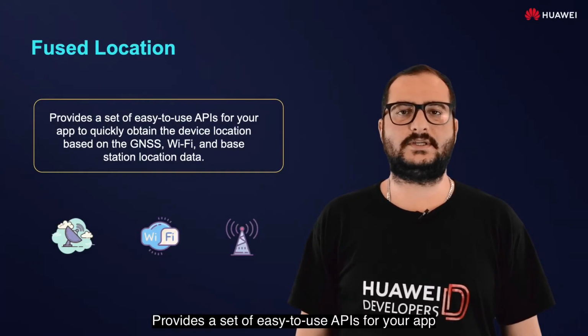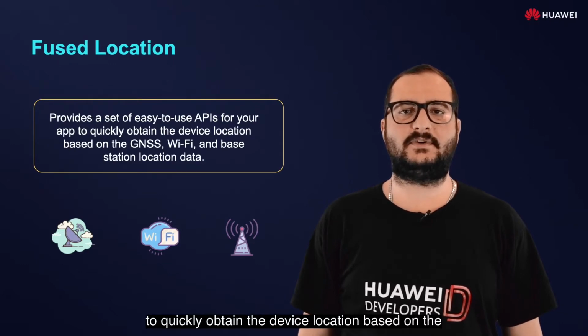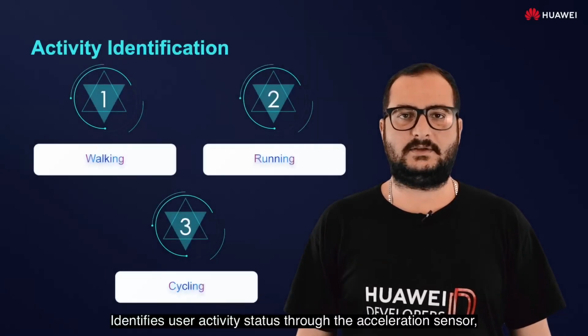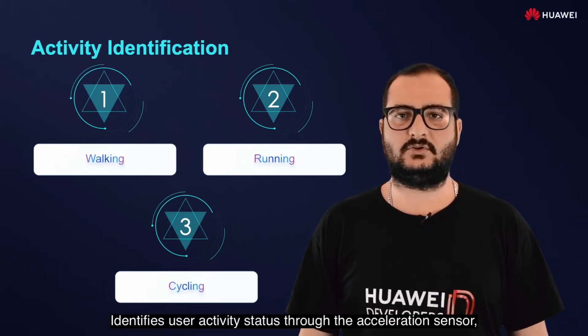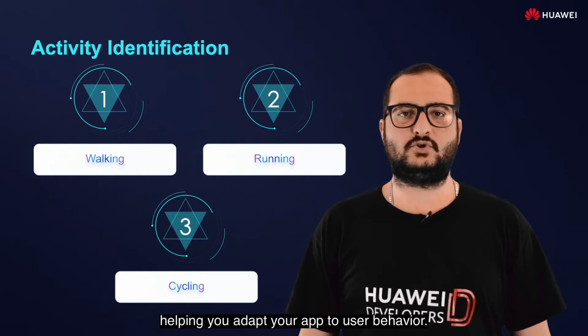Fused location provides a set of easy-to-use APIs for your app to quickly obtain the device's location based on the GNSS, Wi-Fi, and base station location data. Activity identification identifies user activity status through the acceleration sensor, cellular network information, and magnetometer, helping you adapt your app to user behavior.